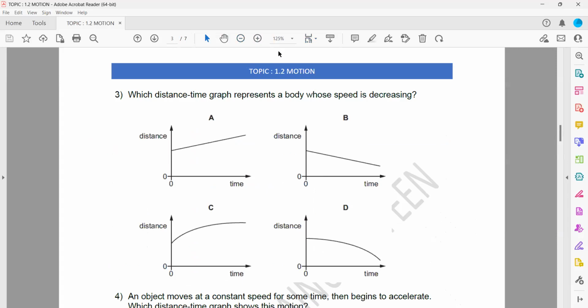Which distance-time graph represents a body whose speed is decreasing? For a distance-time graph, remember the slope, the angle, represents the speed of an object. Whenever it's a straight line, it means the speed is constant.